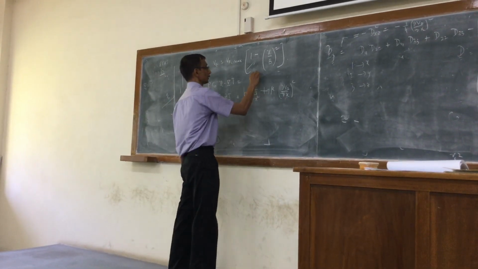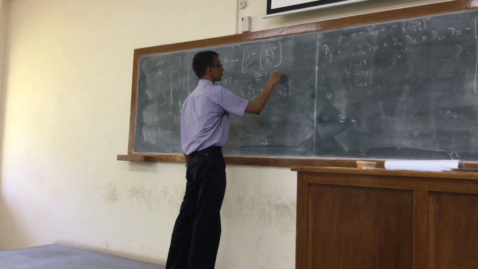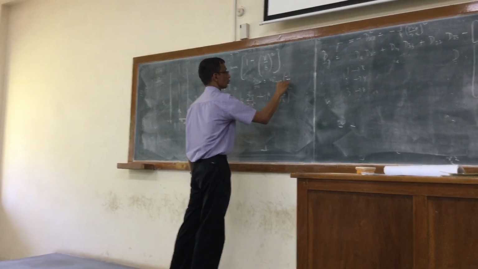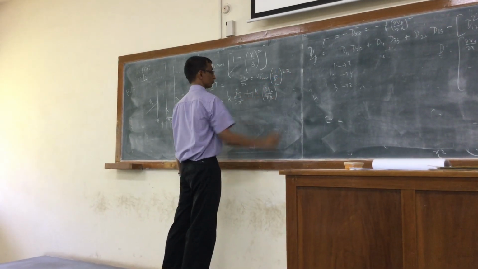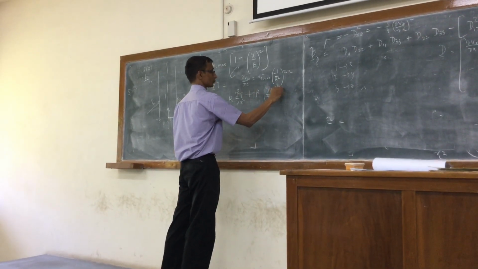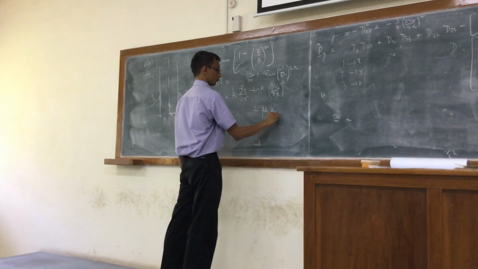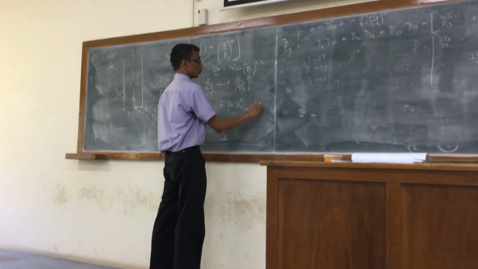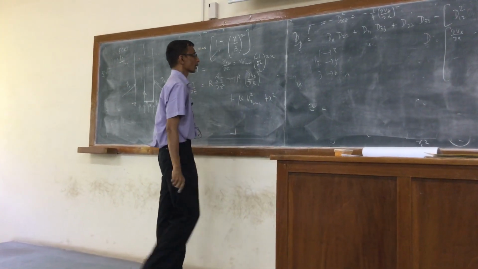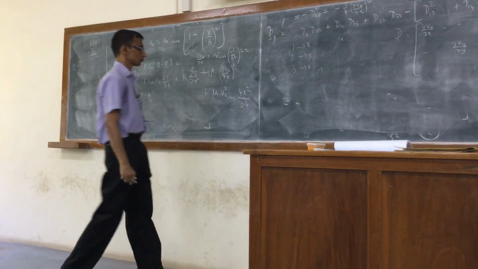So dvz by dx is vz max times minus 1 over b squared times 2x. Right, so this would be plus 4x squared by b to the power 4 actually.